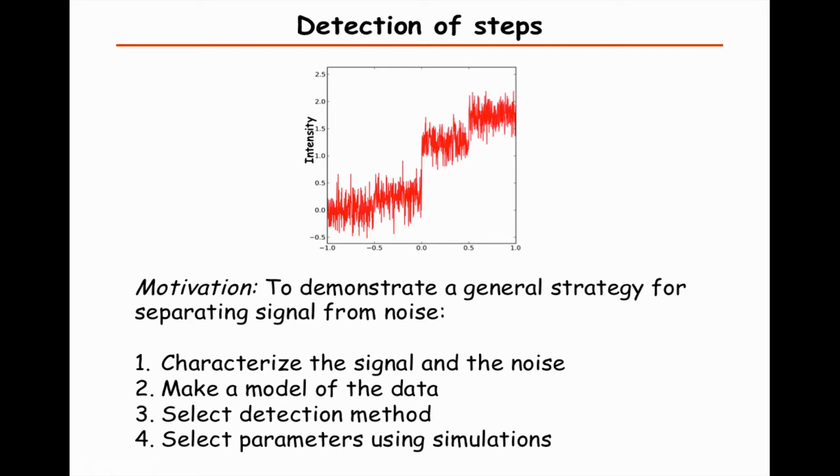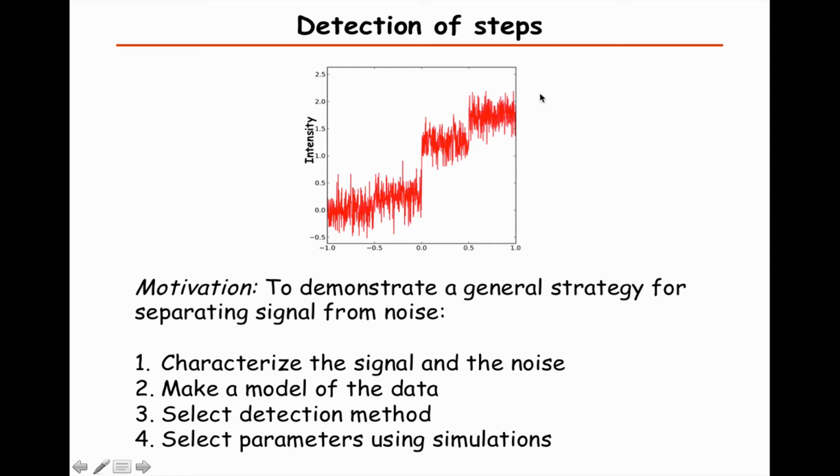So now we have a lot of the tools that we need to start detecting features. What I want to demonstrate is a general strategy for what to do when you have a signal. What I'm proposing is to start by characterizing both the signal and the noise. That's what we're going to do for this simple case of a noisy situation with 3 different steps, some bigger than others.